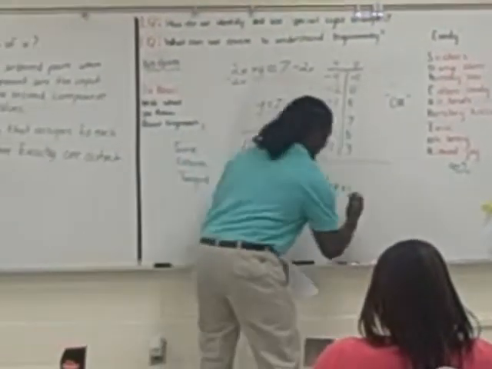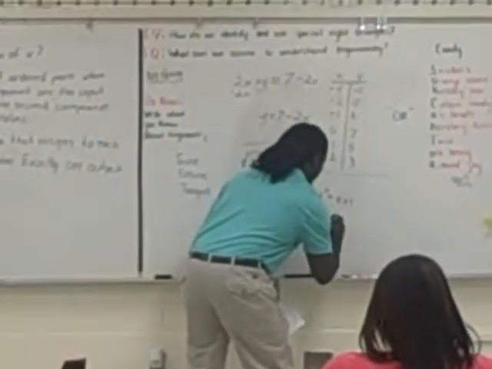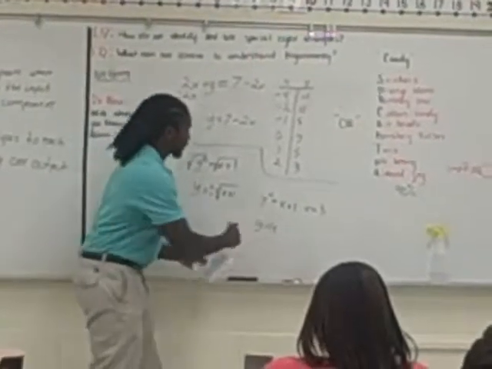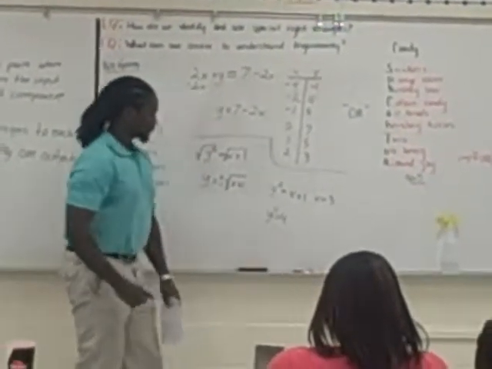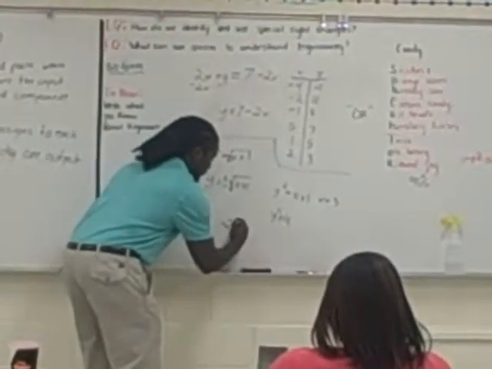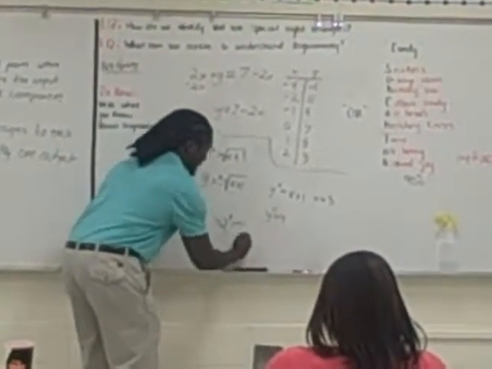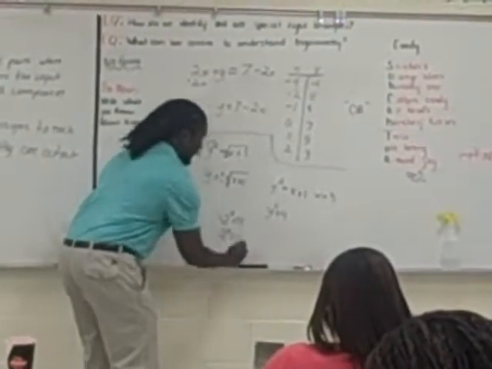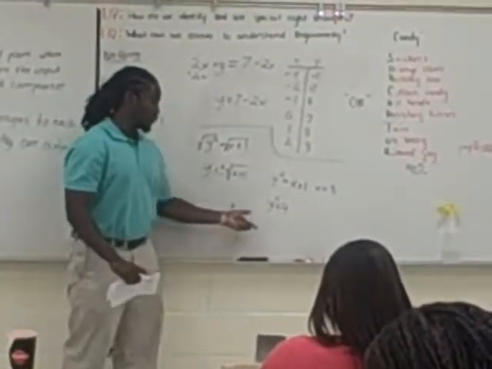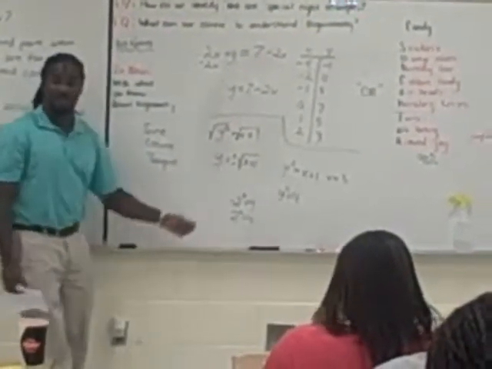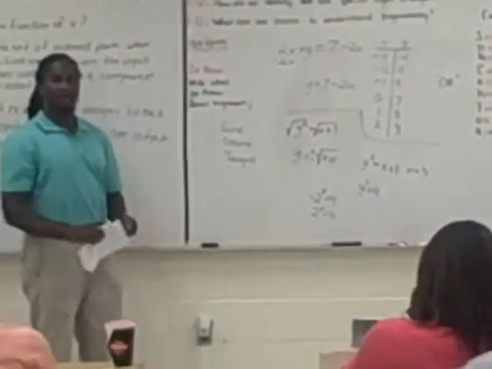Now I have y squared equals 4, right? Would you agree that negative 2 squared equals 4? Yes. Would you agree that 2 squared equals 4? Yes. So I have more than one value for this input, right? So is it a function? No, it's not.